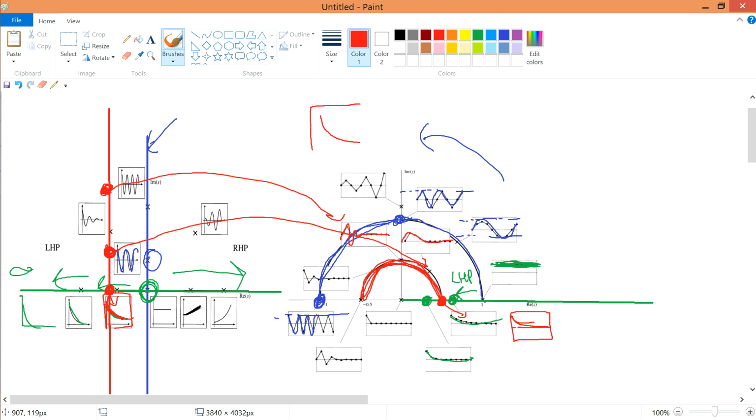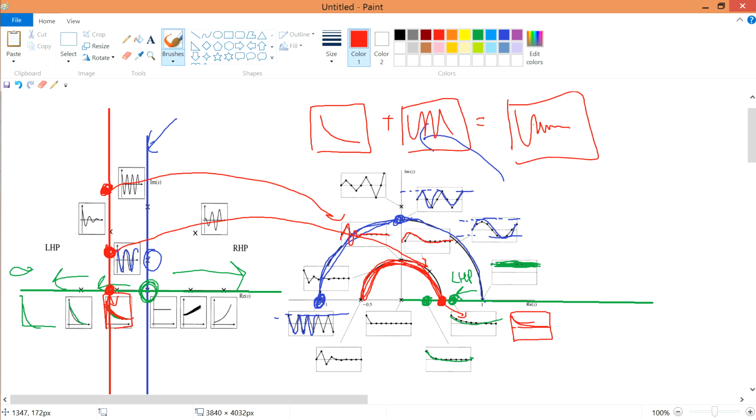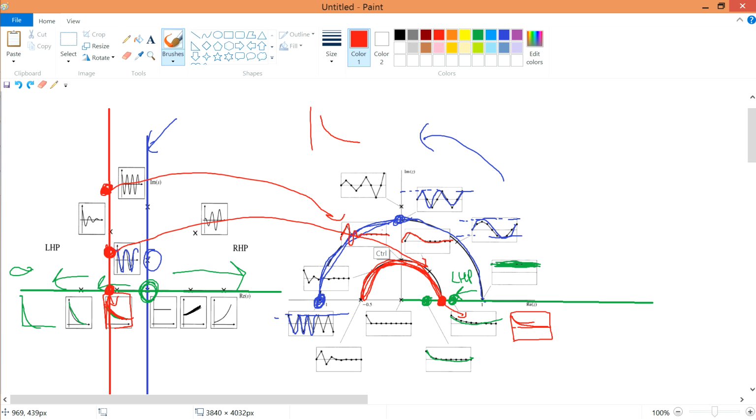This is the trend, plus oscillatory, equals something like this, decay. This is exactly the same thing that we have said previously, and therefore as you go towards this side, you'll become super oscillatory.